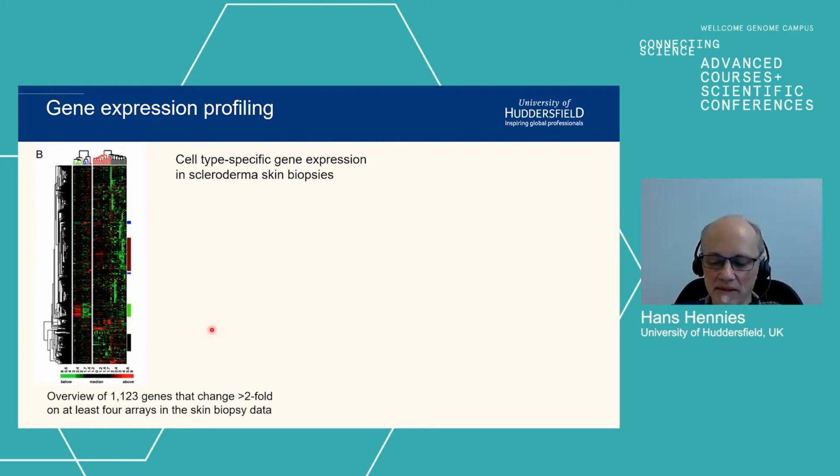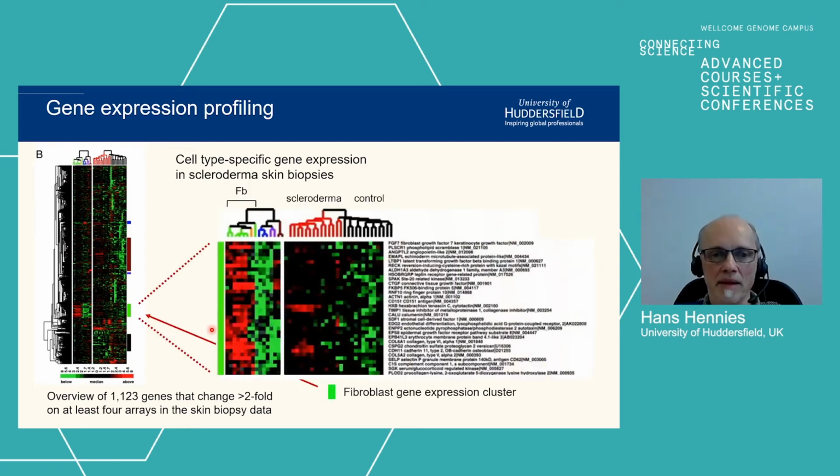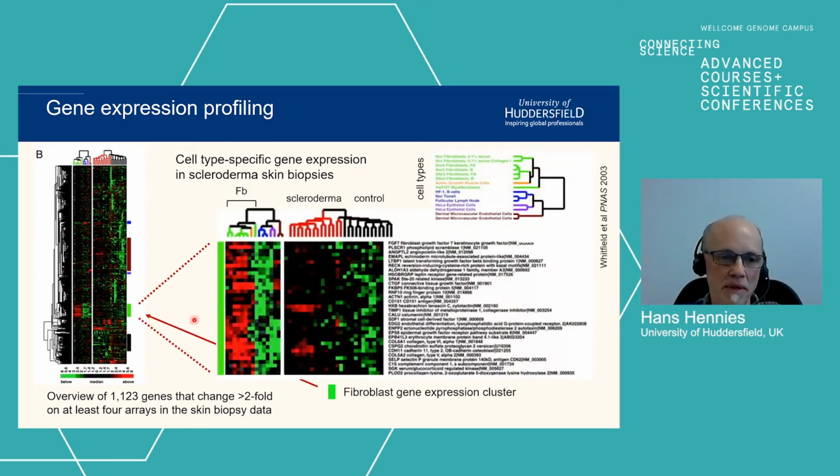And in more detail, we would have such a picture here. They have tried to analyze these data based on particular cell types and for comparison between scleroderma samples and control samples. And this is just a magnification of this part of the overview here.